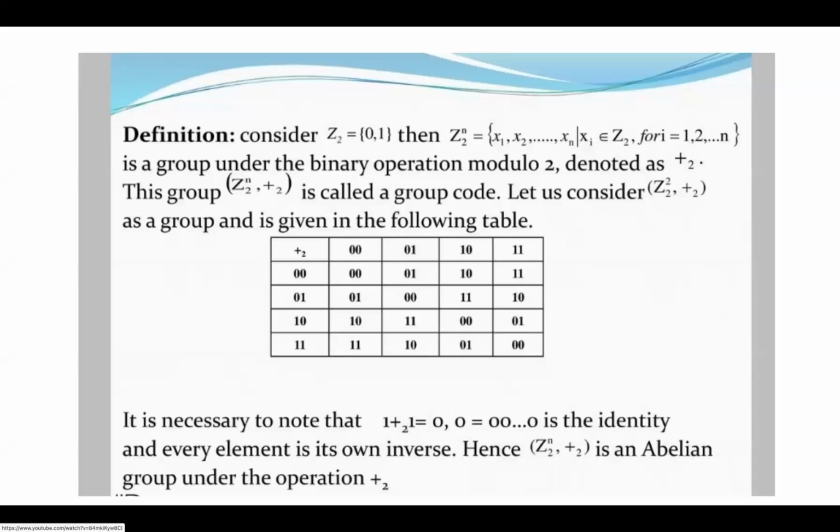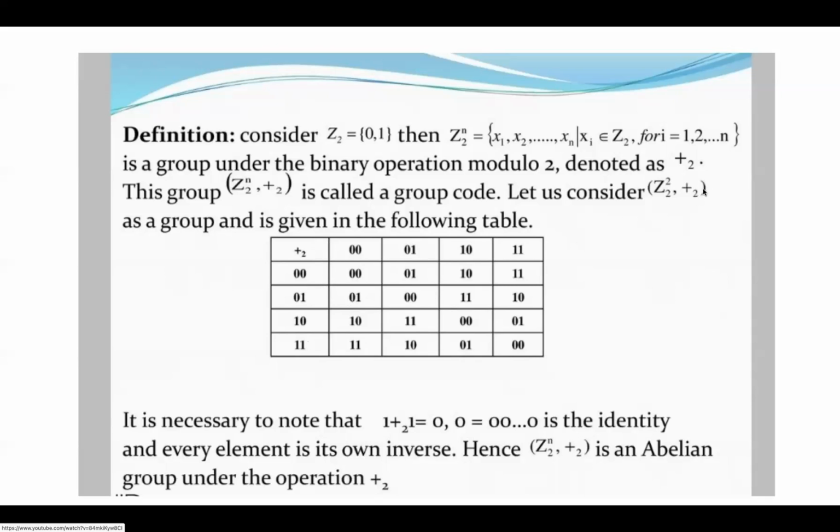Can anybody tell? Nobody? Z square has sequences of 2 and 4 rows and 4 columns.